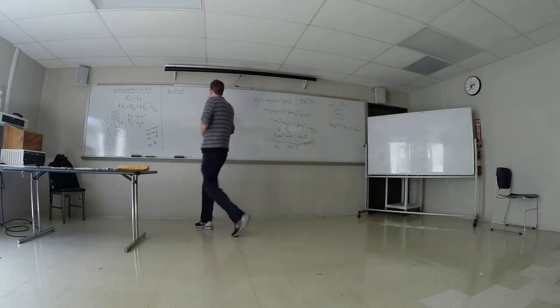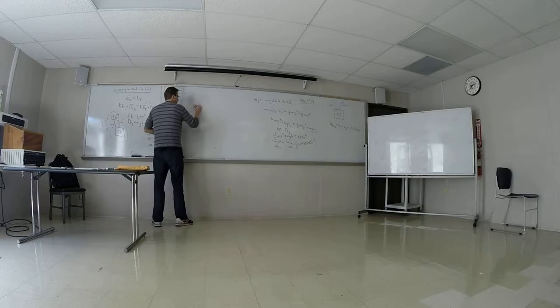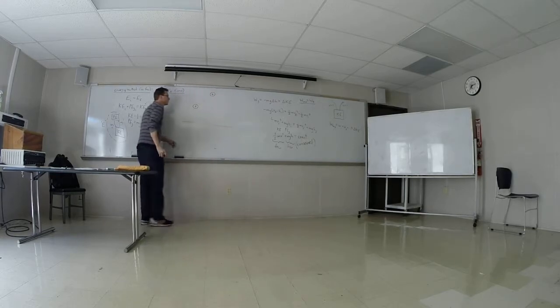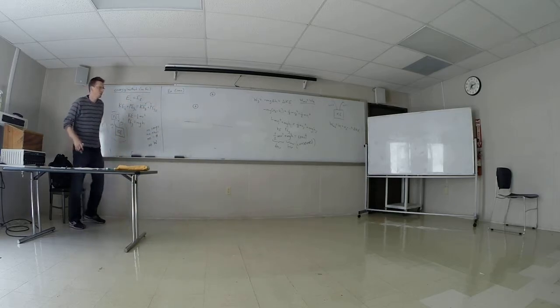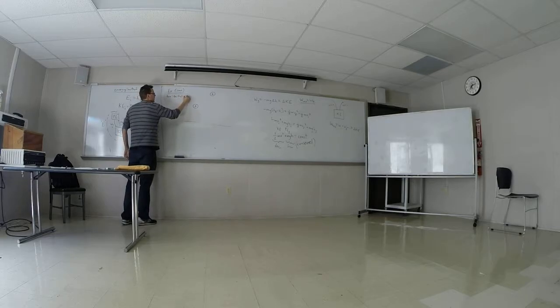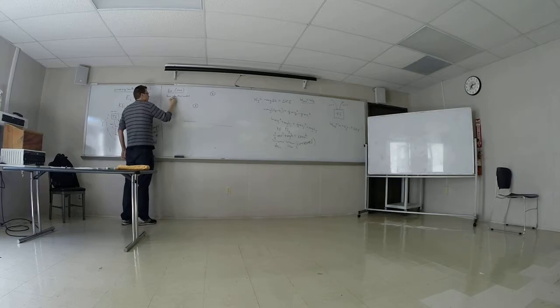Let's say I have two identical projectiles of some kind. I'll label them A and B for labeling purposes. So we have two identical masses. They're both dropped from rest.